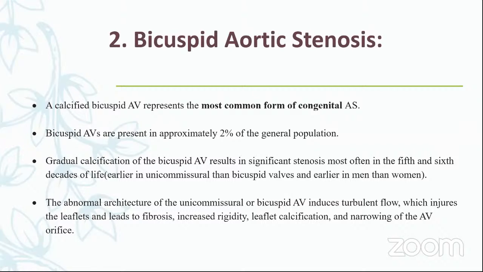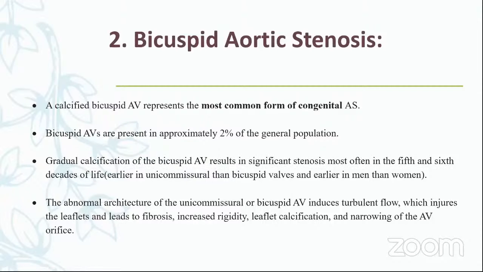The bicuspid aortic stenosis. A calcific bicuspid aortic valve represents the most common form of congenital AS. It is present in approximately 1 to 2% of the general population, in which there will be a gradual calcification of the bicuspid aortic valve, which results in significant stenosis, mostly seen in the 5th and 6th decade, and it is earlier in men than in women.